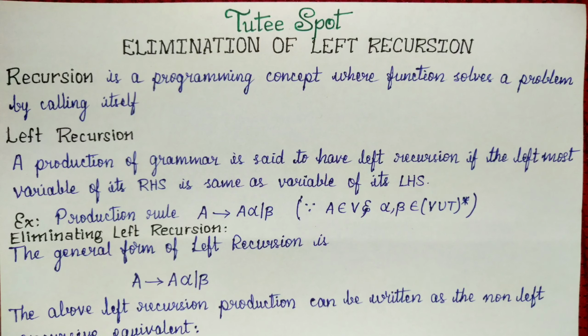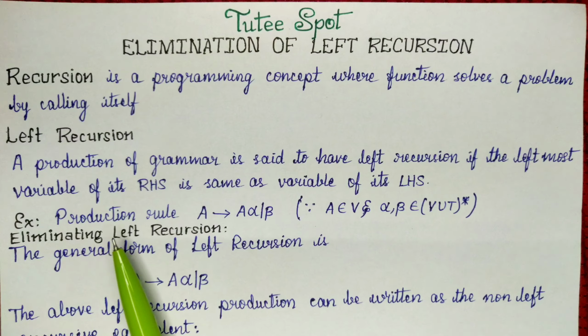The key issue in this topic is left recursion, a grammar form that causes infinite loops in top-down parsers and must be eliminated. A production of grammar is said to have left recursion if the leftmost variable of its RHS is the same as the variable of its LHS. That means a grammar rule immediately or indirectly refers to itself as the very first symbol on its right hand side.